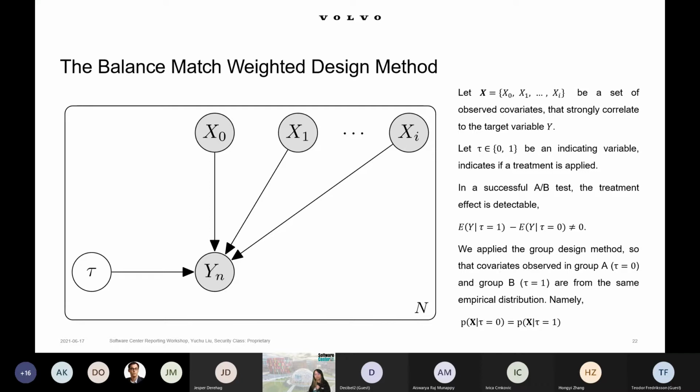We do this method so we can produce similar group A and similar group B. We call that similarity a balanced group. And since groups A and B are similar, we can directly compare their treatment effect. This kind of method is applied prior to running the A/B experiment. So you observe the cohorts for a certain period of time, you design your A and B groups, you apply the treatment to the B group, and then you measure the treatment effects.